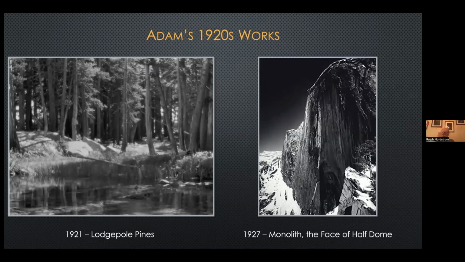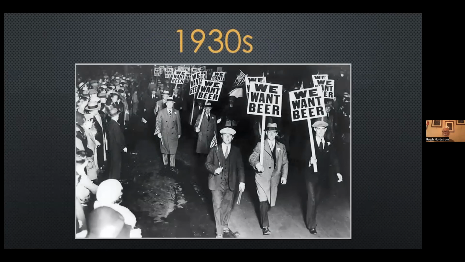And then he stopped and thought, I really want the sky to be dark. And that was when he was pre-visualizing. The first time he ever pre-visualized what he wanted to do. So he put a red filter on his camera, exposed the negative, and there you have it. So pre-visualization started with Adams and about then.